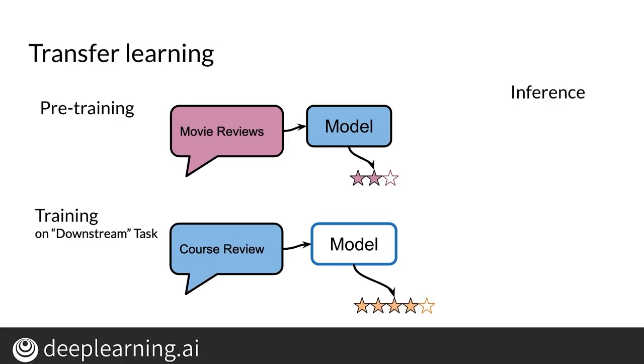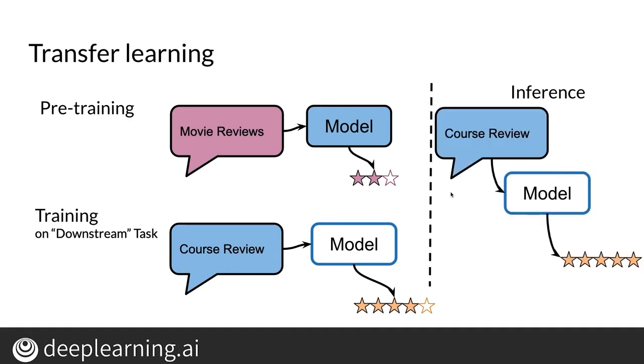So as you can see over here, instead of initializing the weights from scratch, you start with the weights that you got from the movie reviews, and you use them as a starter point when training for the course reviews. And at the end, you do some inference over here, and you do the inference the same way you're used to doing. You just take the course review, you feed it into your model, and you get your prediction.